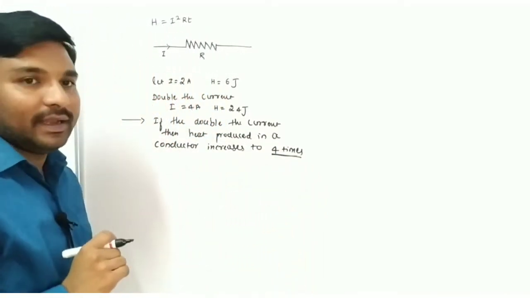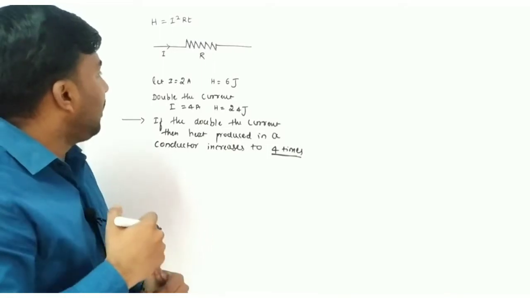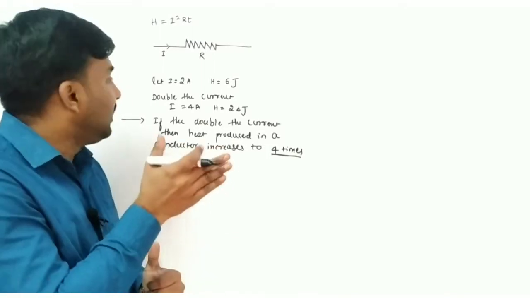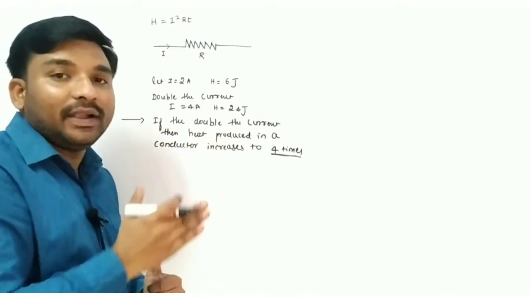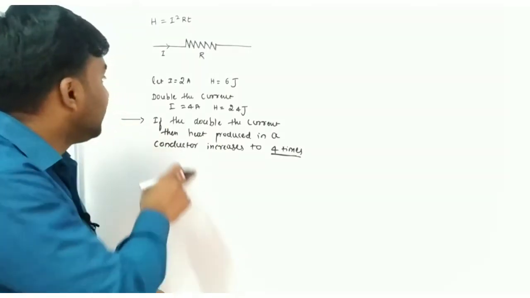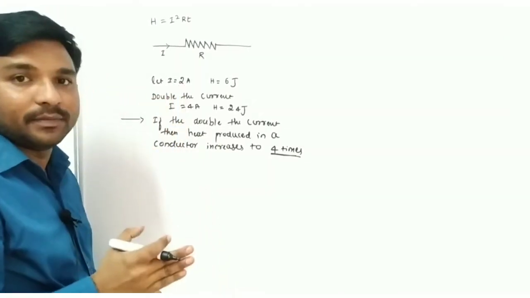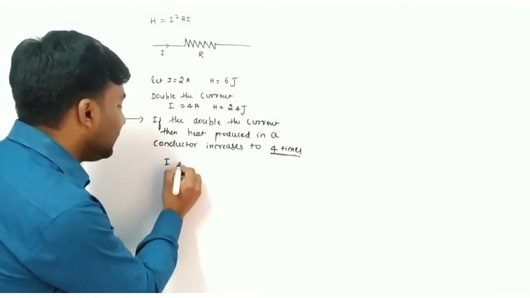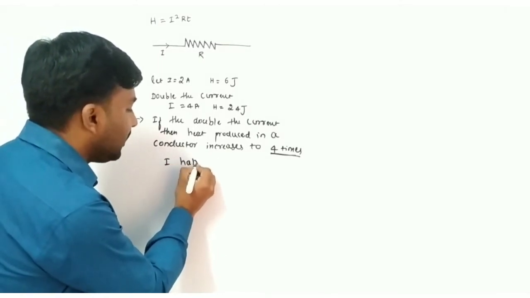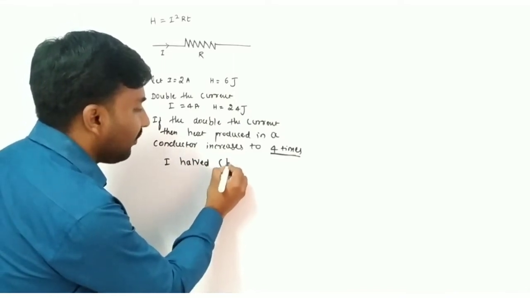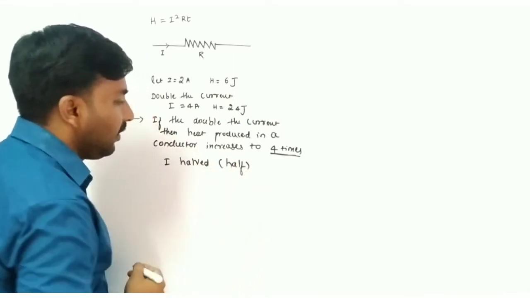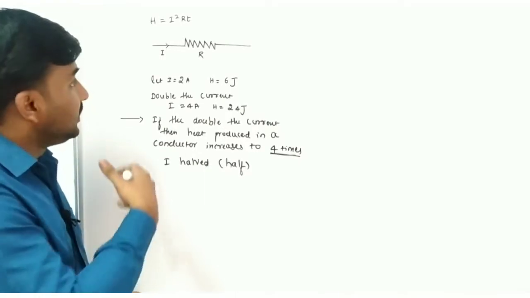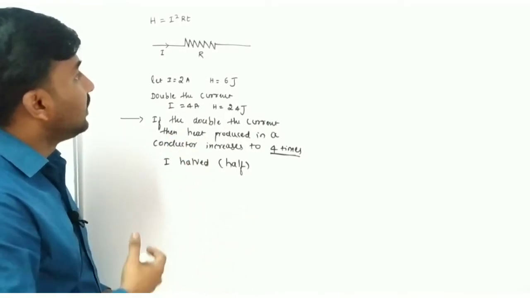Now suppose we halve the current. Let's suppose here we had passed a 2 ampere current. Now the current is halved. The meaning of the word halved is that we allow only half the current to flow through the conductor.